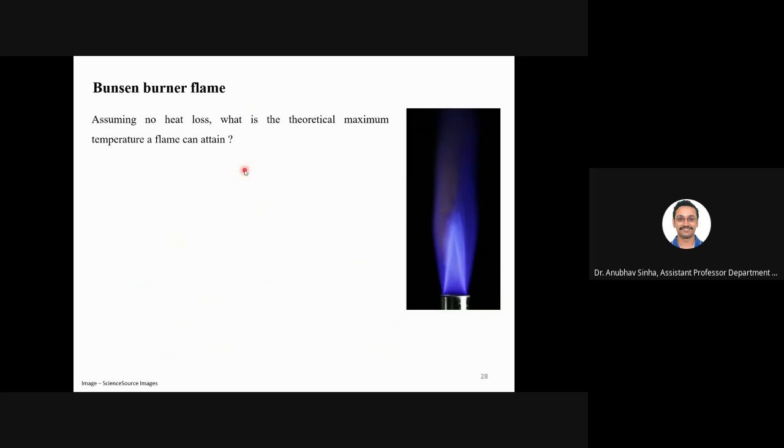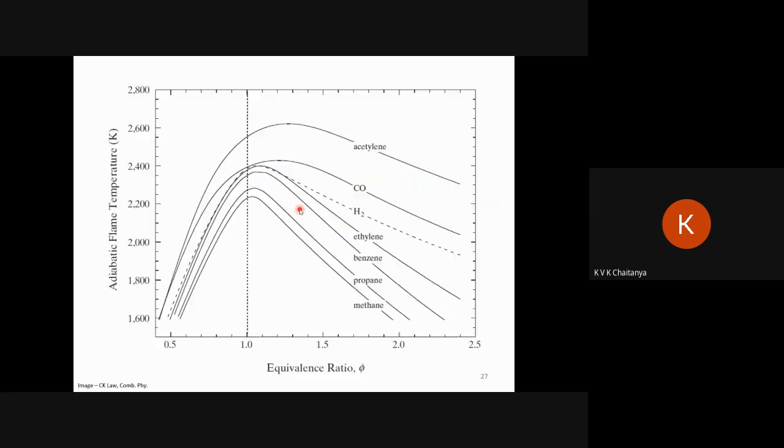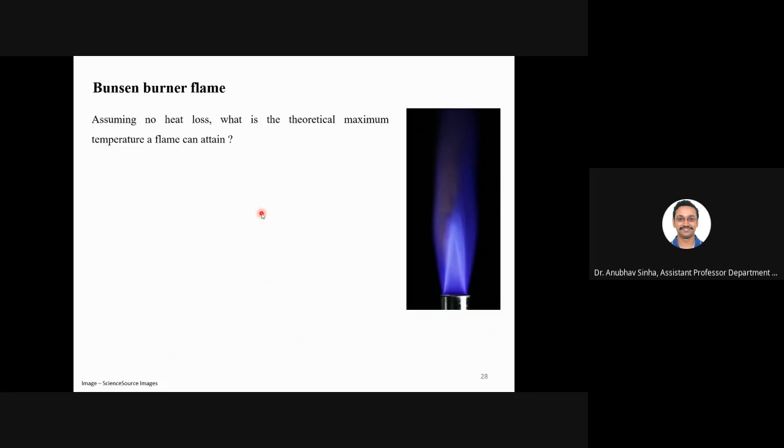What is the peak temperature that a Bunsen burner can achieve? As shown in the previous graph, we are at something around that. So what do you mean? Adiabatic flame temperature, right? If I assume no loss of heat transfer, I will end up with the adiabatic flame temperature.